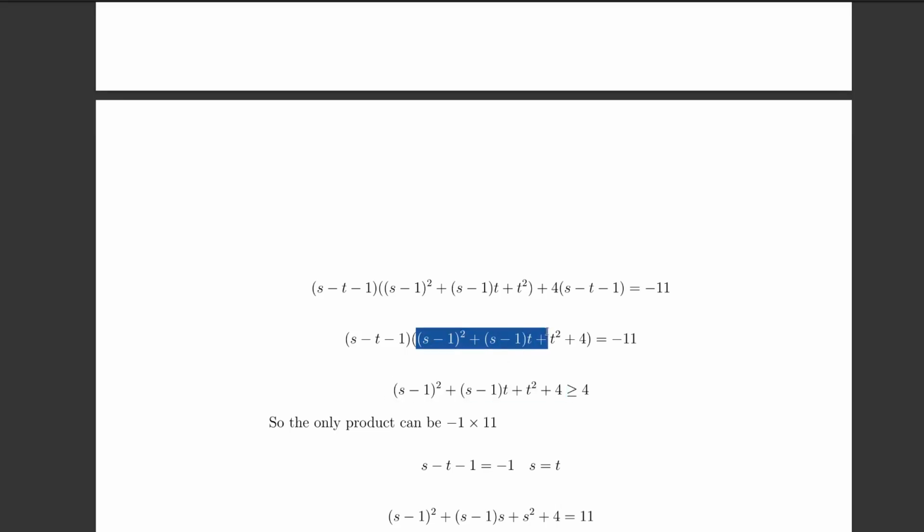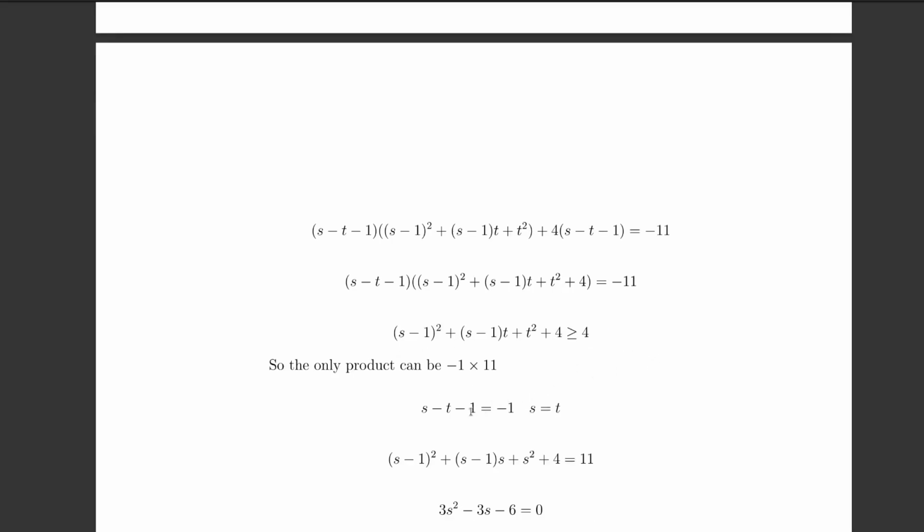Because this term is greater than or equal to 0, which means that this whole term is going to be greater than or equal to 4. So this term can't be negative, which means that this term has to be negative, right? So the only product that it can be is if this term is minus 1, and then this other term is just 11, to get minus 11, right?